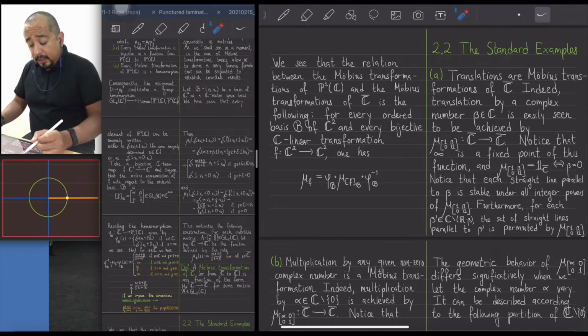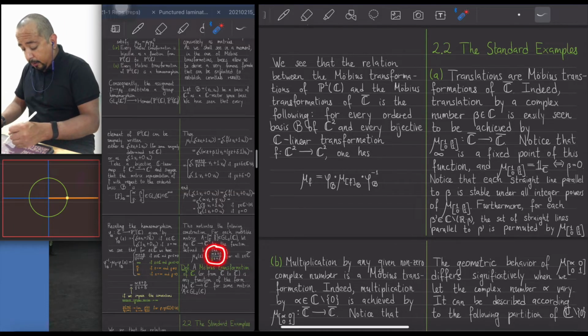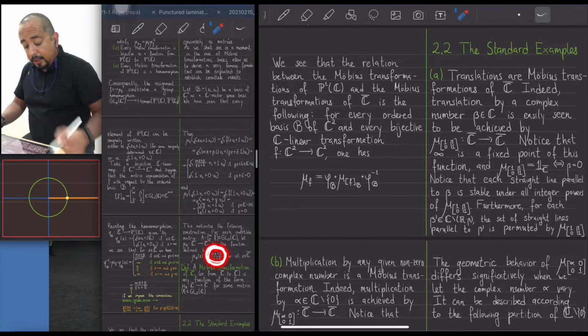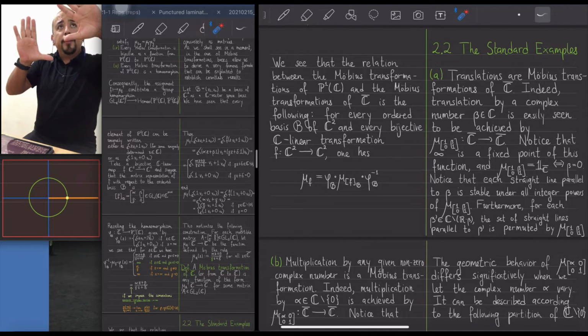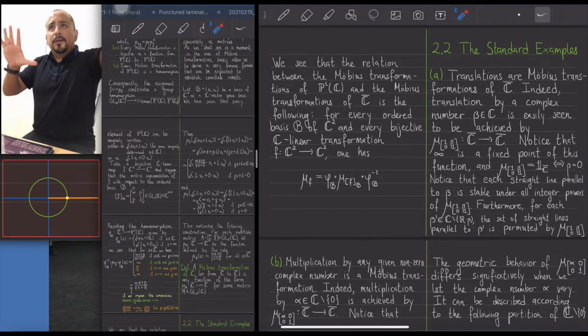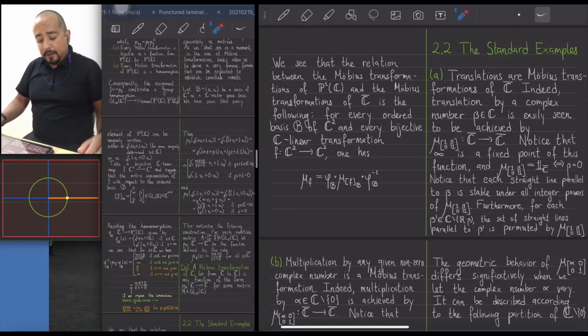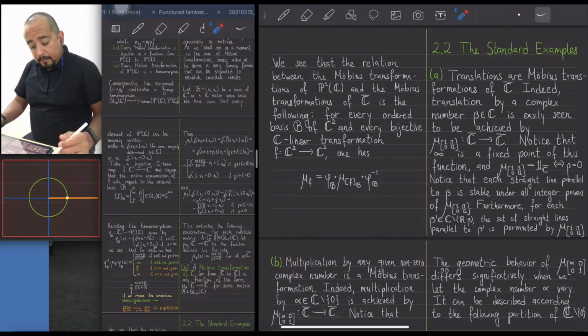Notice that infinity is a fixed point. Just play with the formula here, or notice that complex numbers are all moved, and infinity you have to keep where it is. So infinity is a fixed point.